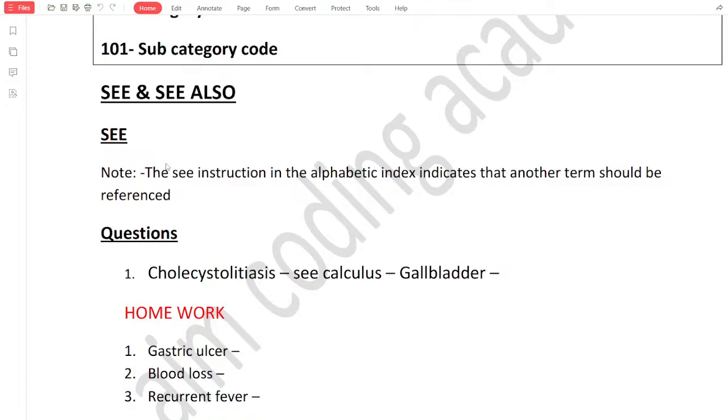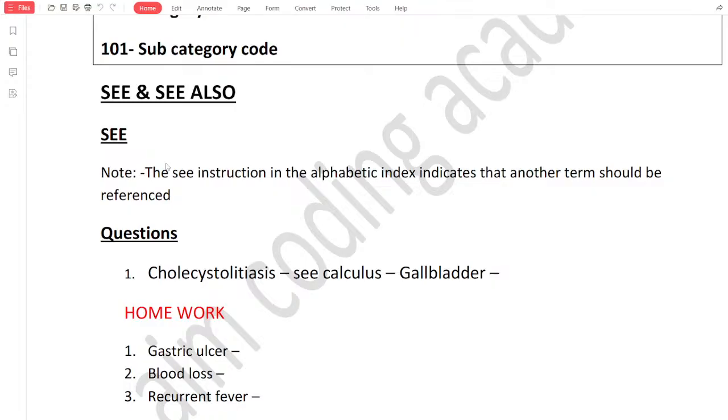Next is C and C also. C means the C instruction in the alphabetic index indicates that another term should be referenced. Okay, so C, you can see in your textbook there is a C also type of description.